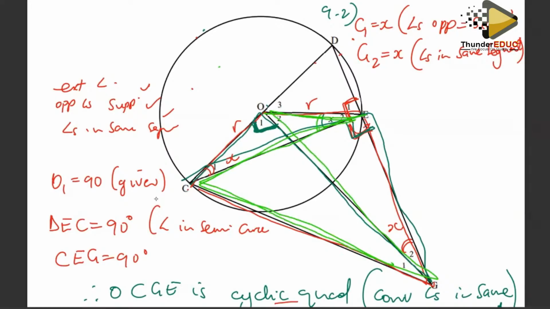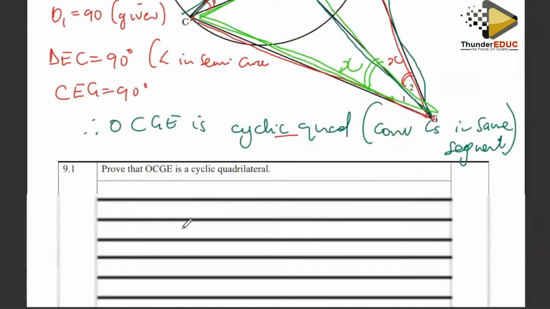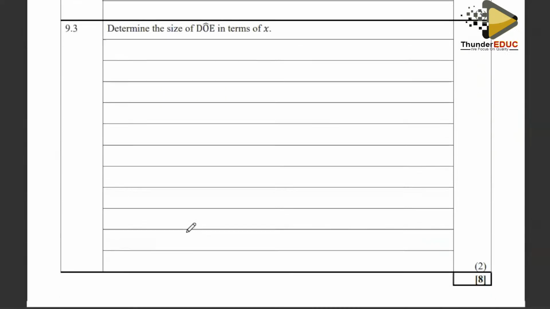So if this is x, meaning that even the G1 is also x, same story, angles in the same segment. All right, so we have G1 as x. Okay, so that is how we would have answered that 9.2.